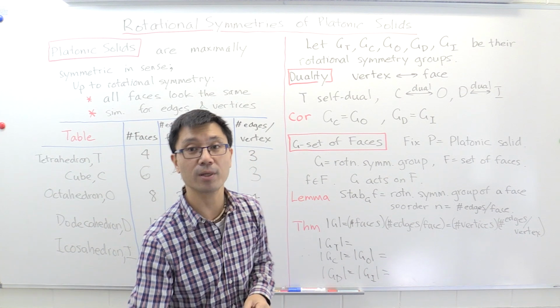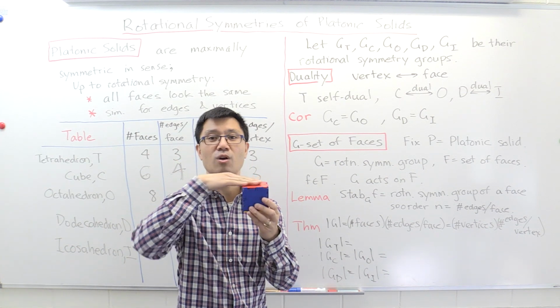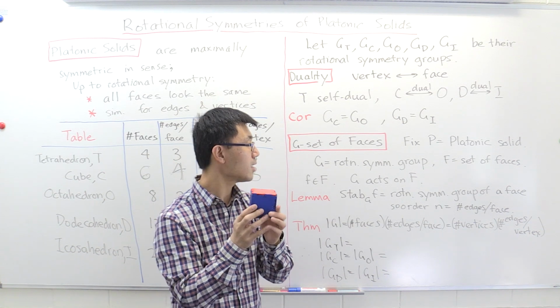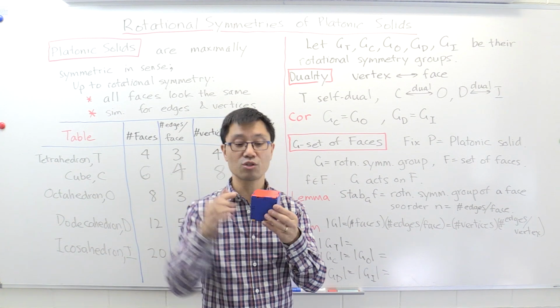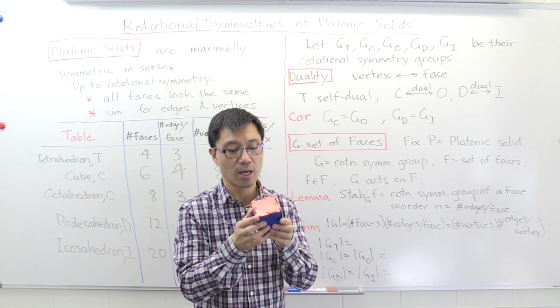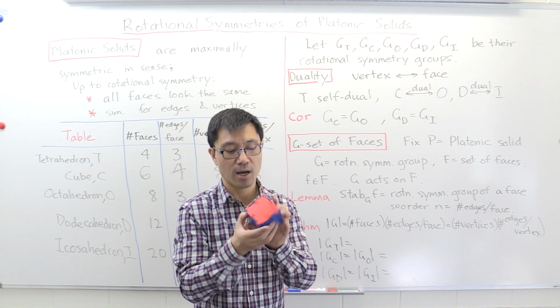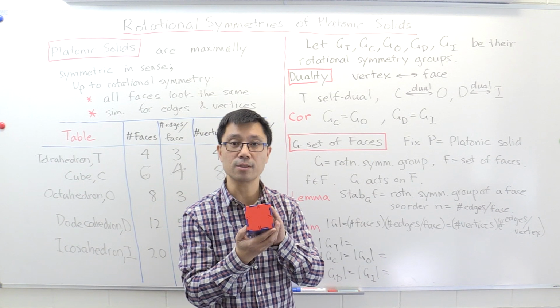Okay, so for example, here's a cube. Suppose you pick this top face here. Then I claim that the stabilizer in G of f is just the rotational symmetry group of this square. So you can rotate it by 0 degrees, 90 degrees, 180 degrees, or 270 degrees. It can be those four things.